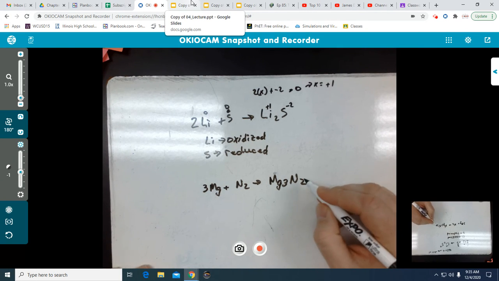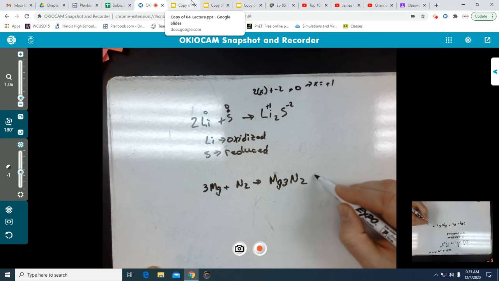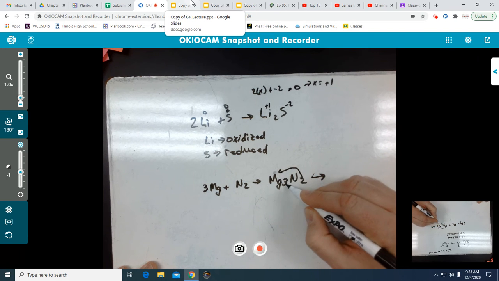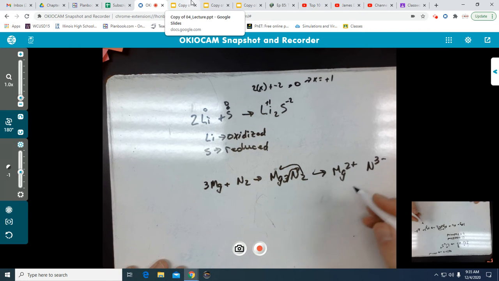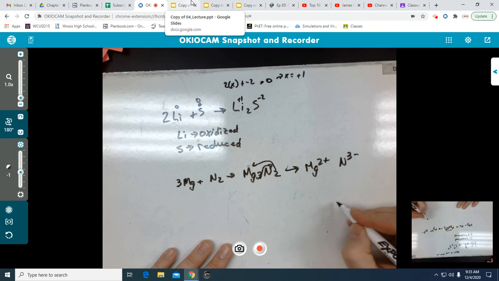In this instance, this is an ionic substance, so you could go reverse crisscross, put this back up here and that back up there, and you'll have Mg2+ and an N3-. You can check that by doing what we've done previously and solving it mathematically.